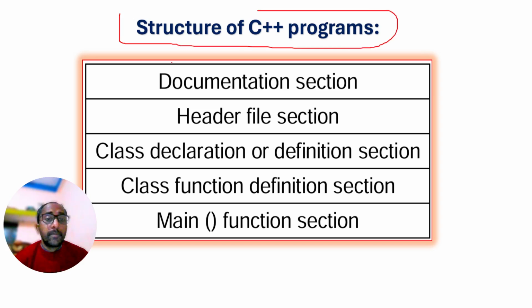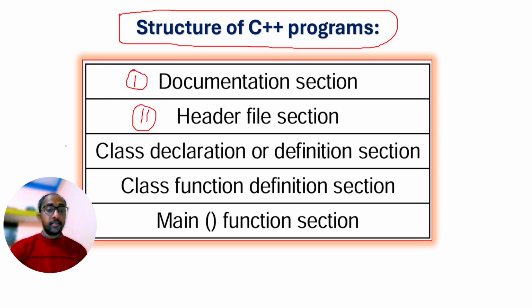Every programming language has a structure. It's like documentation sections, then header files. These are the document structures of a C++ program. Every programming language consists of different sections. Some of the sections are optional and some are mandatory.